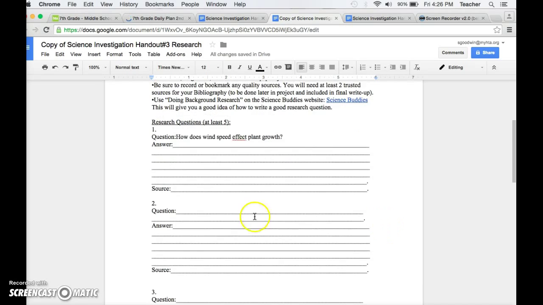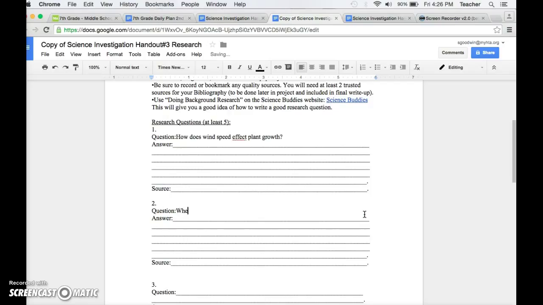Another question might be something like, where is a windy place, and how do plants grow there? You get the idea. Just some basic questions about wind affecting plant growth.